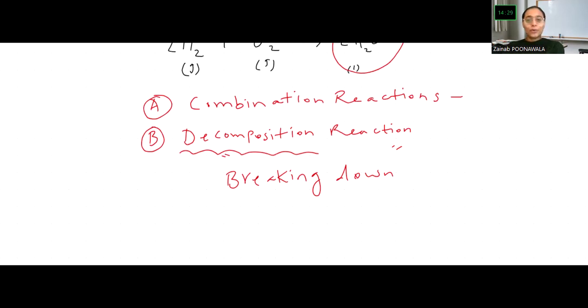Now, also, it is a reverse of what we learned about combination reactions. A combination reaction is when two or more substances fit together and produce one single product. A decomposition reaction is exactly the reverse of a combination reaction.